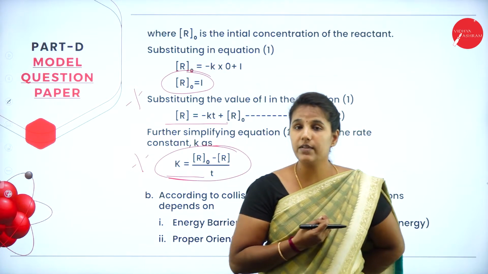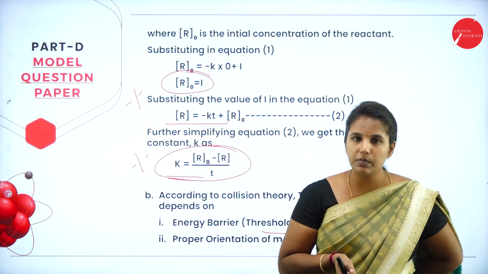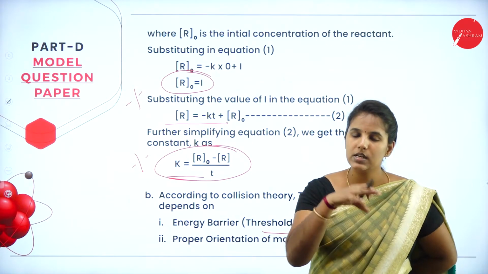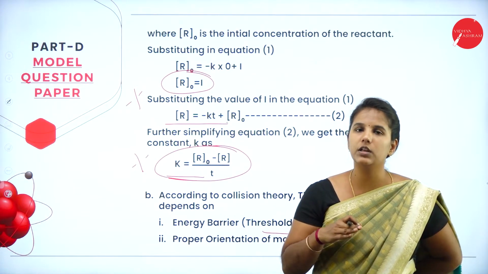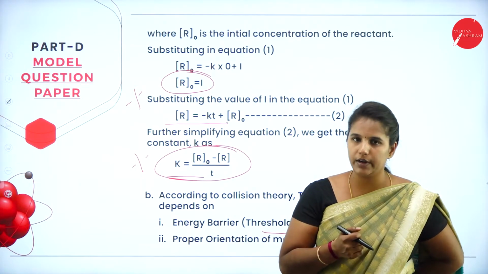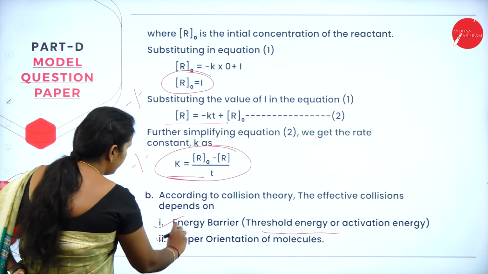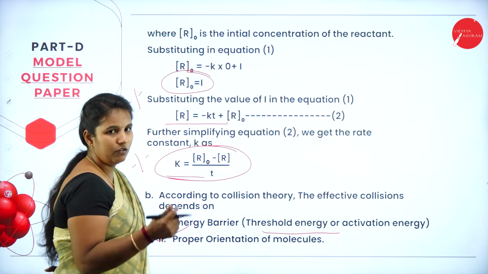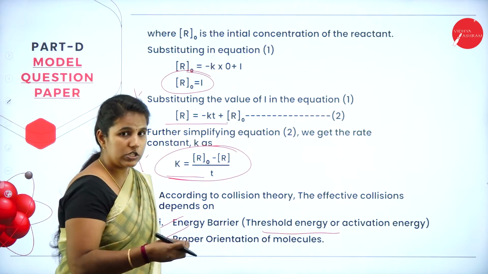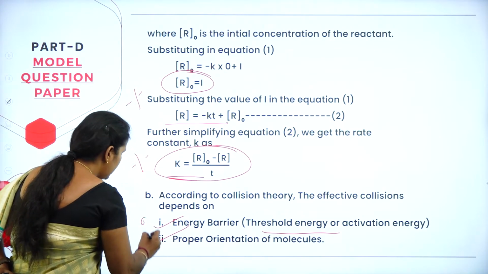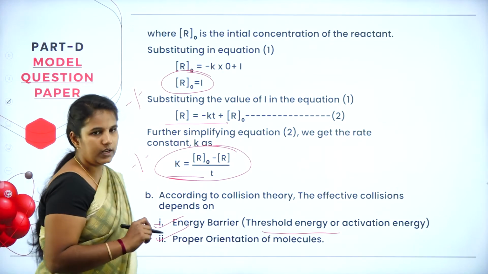If the molecules have activation energy, then the collisions will be more. Then if the molecules are arranged in a proper orientation, then collisions will become effective. These 2 points you have to write. For writing one point to say when the collisions will become effective, you will get 1 mark, that is 2 marks.